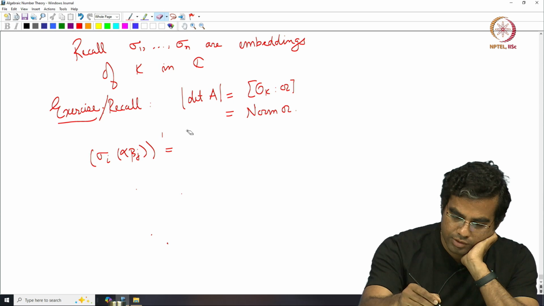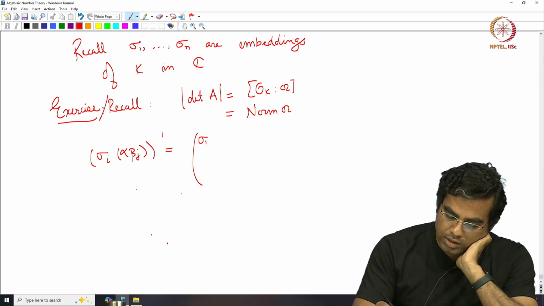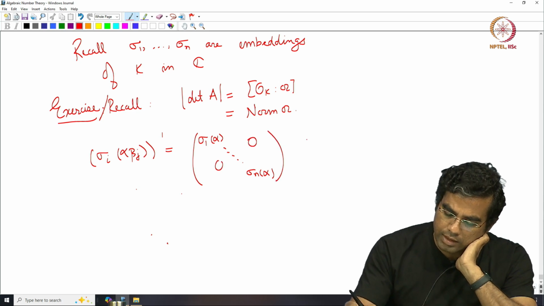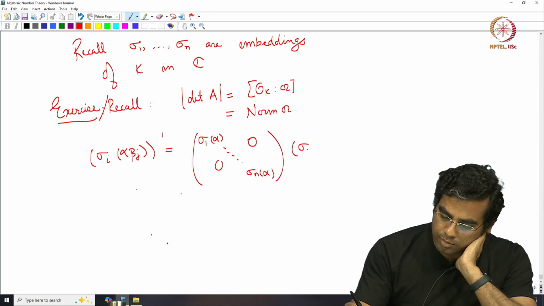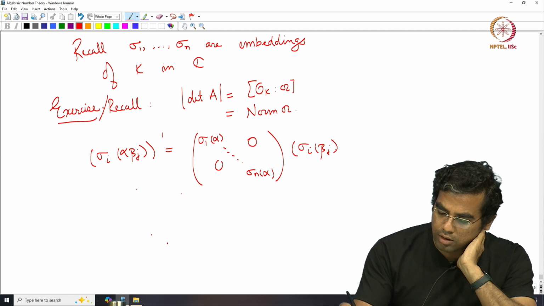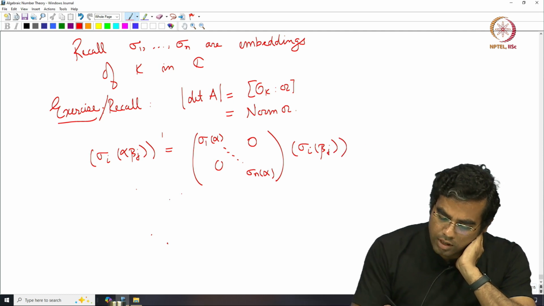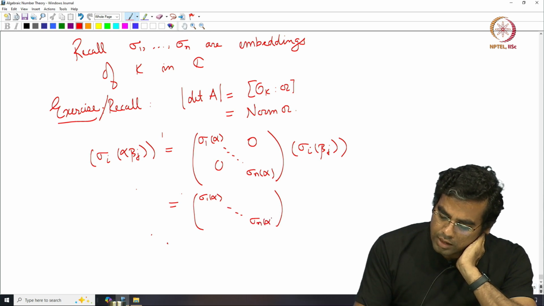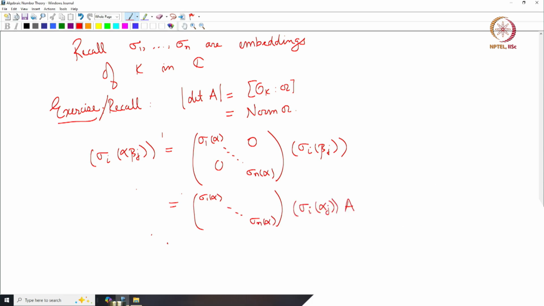So, sigma 1 alpha, and so on up to sigma n alpha, and then zeros everywhere else, times sigma I of beta j. But remember, this thing is equal to, so I still have my diagonal matrix sigma 1 alpha up to sigma n alpha, times sigma I alpha j times A.